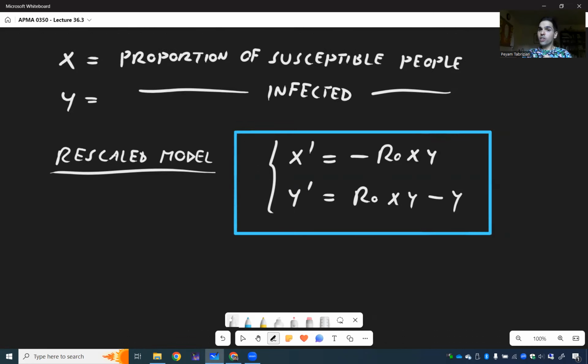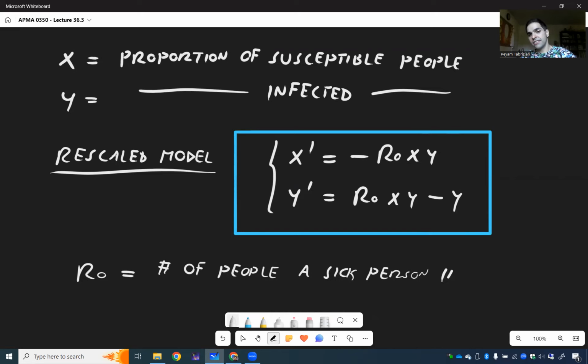And we saw there's a particularly nice interpretation of R naught, because R naught is the damage a sick person causes. In other words, it's the number of people a sick person infects while they're sick.